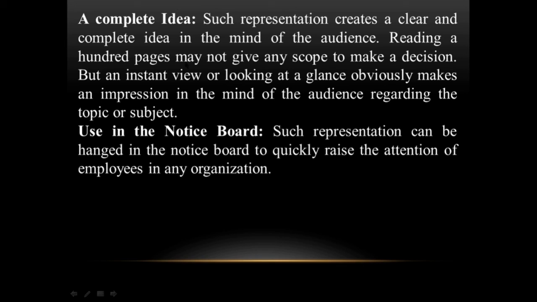Reading 100 pages may not give any scope to make a decision, but an instant view or looking at a glance obviously makes an impression in the mind of the audience regarding the topic or subject. And last, use in the notice board. Such a representation can be hung on the notice board to quickly raise the attention of employees in any organization.